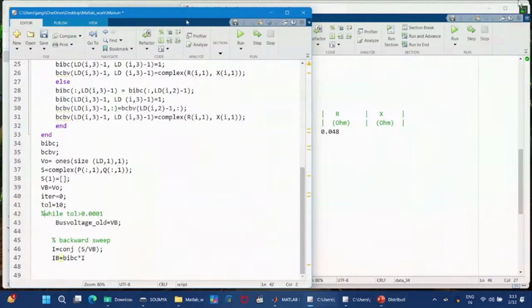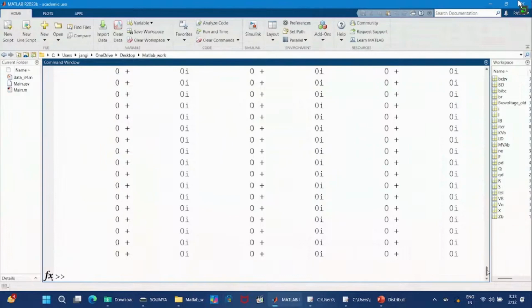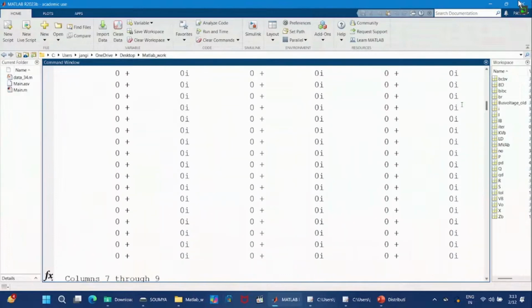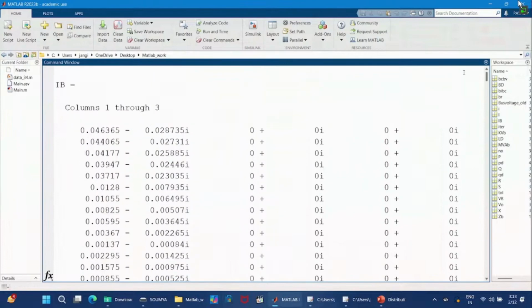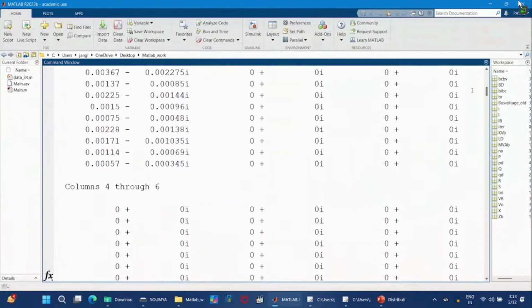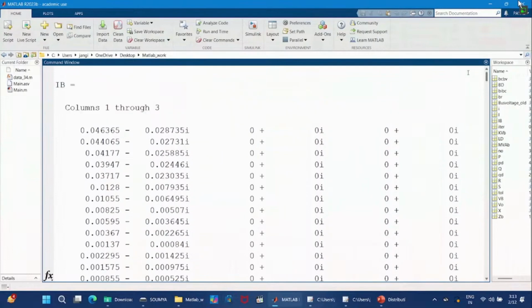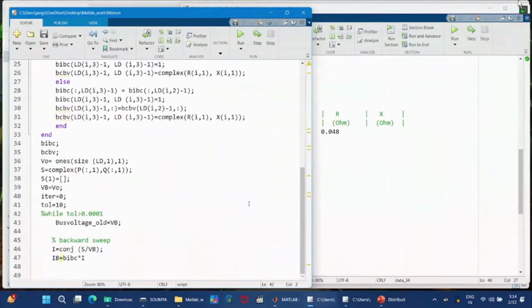We are just checking up to this much whether our program is working. Tentatively yes, certain values are there. These all are the branch currents we have calculated. Now we are supposed to move to the forward sweep method.